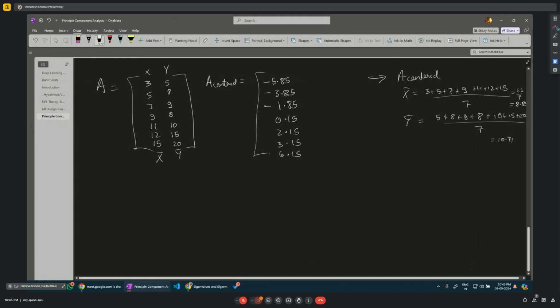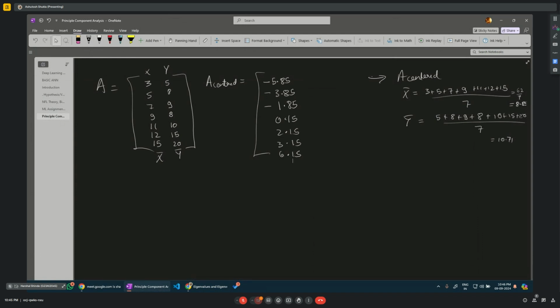Those are the points. And for y, we will have 5, 8, 9, 8, 10, 15, 20. And the thing that we are subtracting this time is 10.71.